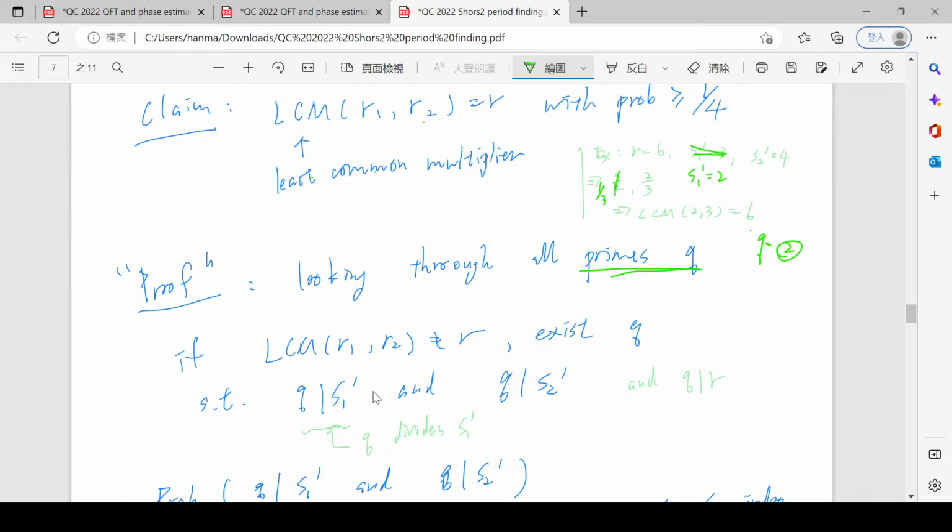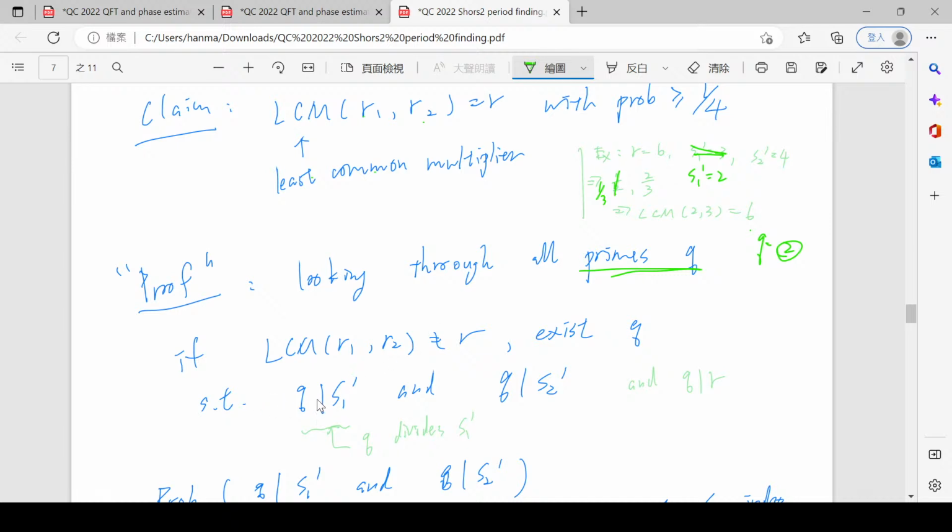This notation, we used it once before, means divides. So Q is a factor of S1 prime, and Q also divides S2 prime, and Q also needs to divide R.